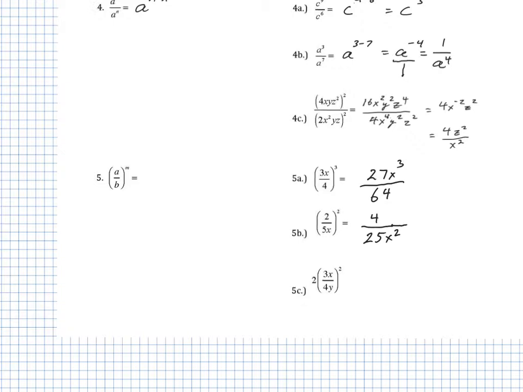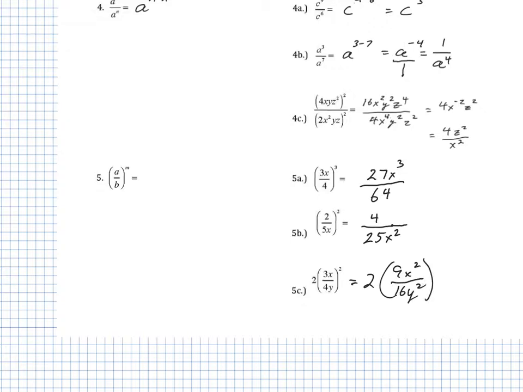Now the next one, the question is, should I multiply by 2 first, or distribute the exponent first? All right. And the answer is, I'm gonna rewrite this as 2 times 9x squared over 16y squared.